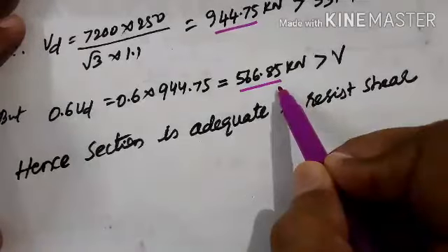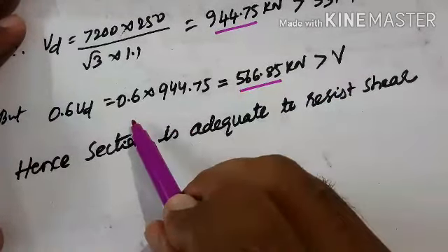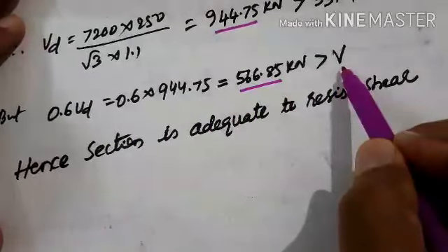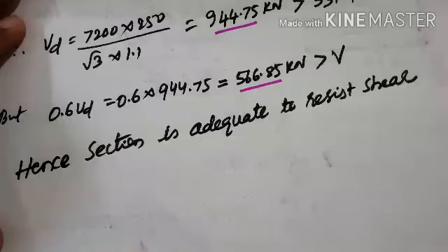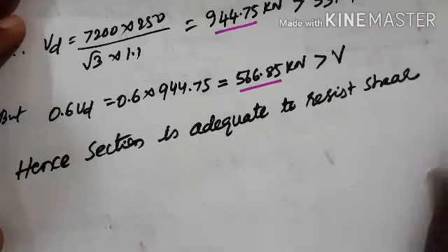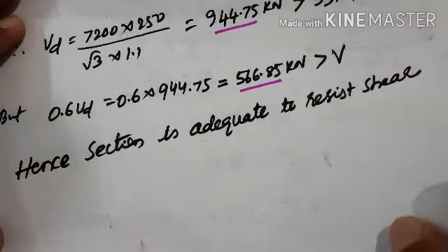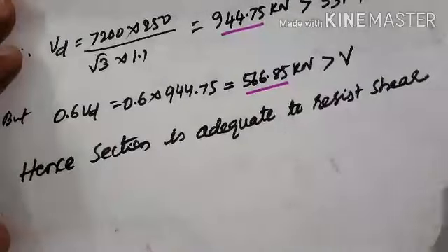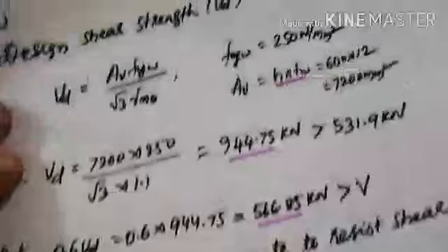Suppose the 60% of design shear strength is less than the actually acting shear, then we need to take precautionary measures. That is, you have to provide stiffeners and all, and then the design steps will differ. Okay, so hence we can write here the section is adequate to resist the shear.